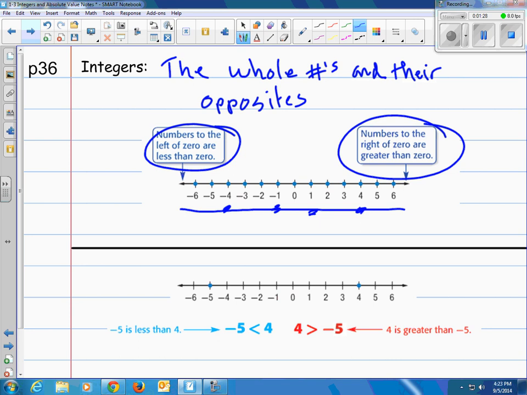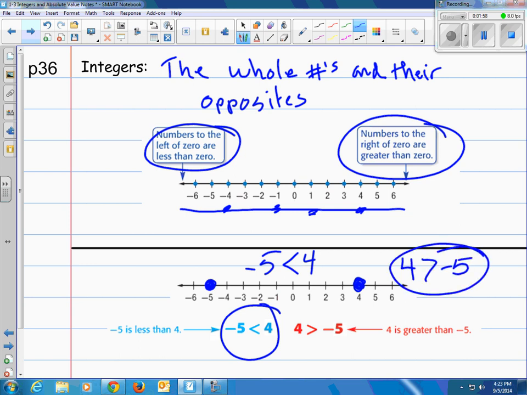So they're looking at these two locations on the number line, and they're saying, hey, look, -5 is to the left of 4, so therefore -5 is less than 4. But you can reverse that and say 4, this location right here, is greater than -5, just by simply flipping the inequality. That's an inequality sign. It's saying 4 is greater than -5.